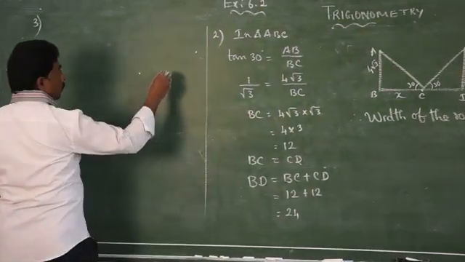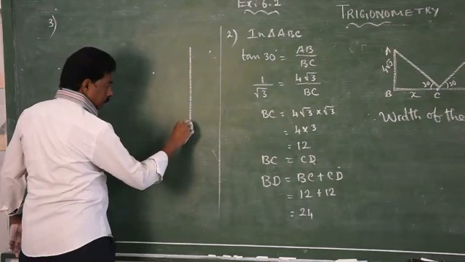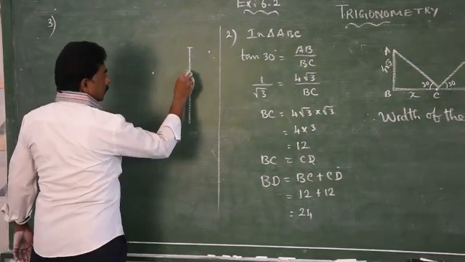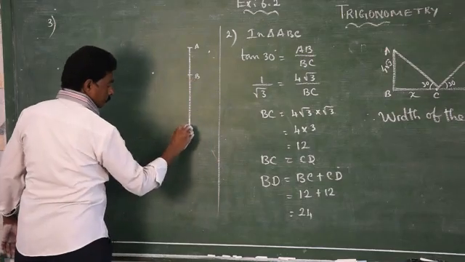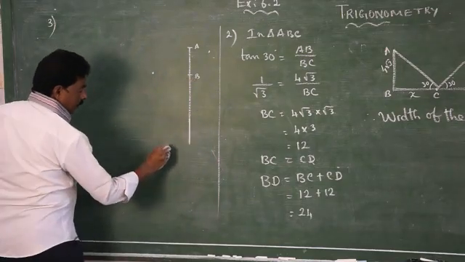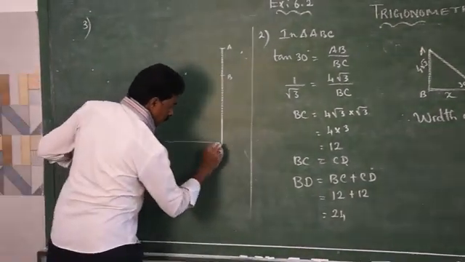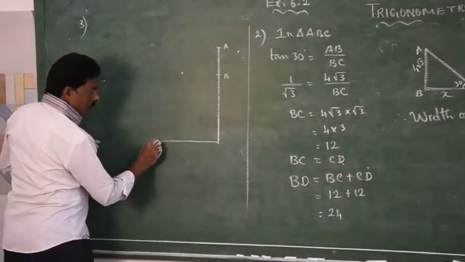So, if you take a building, a window is there. Suppose AB is a window. This is a building. A man is standing 5 meters away from the wall.